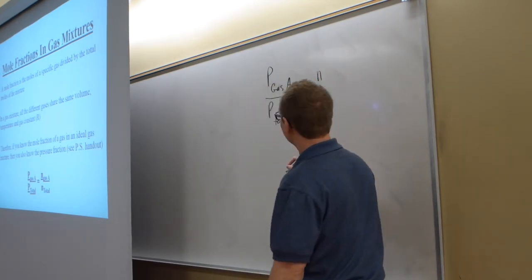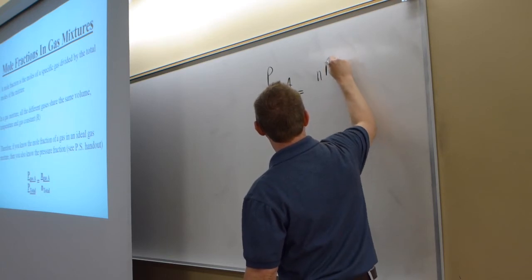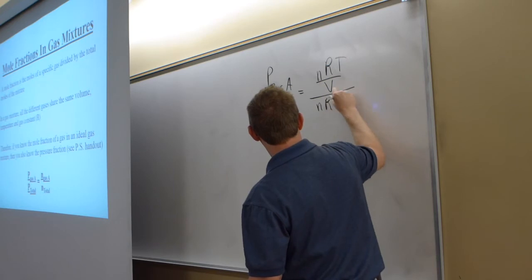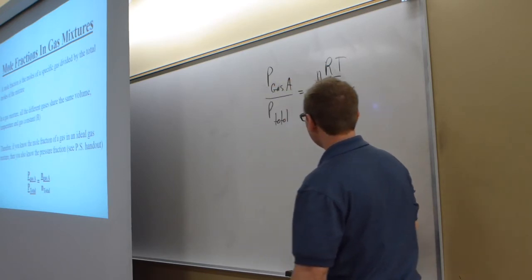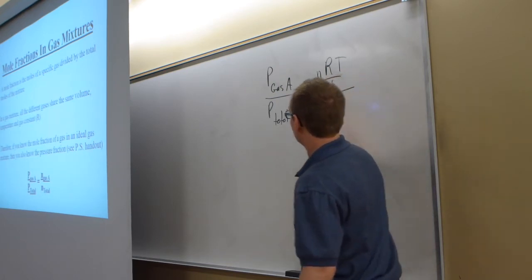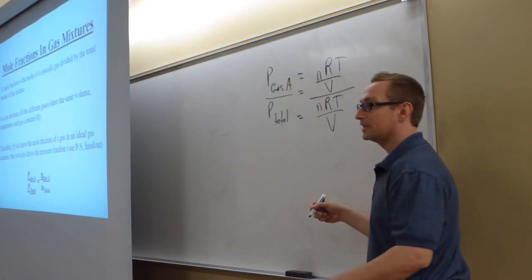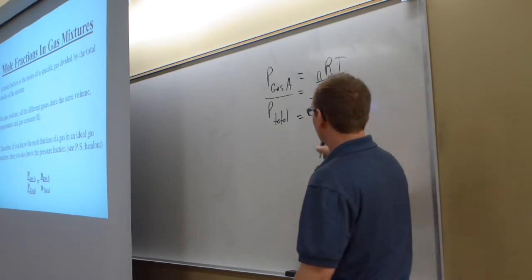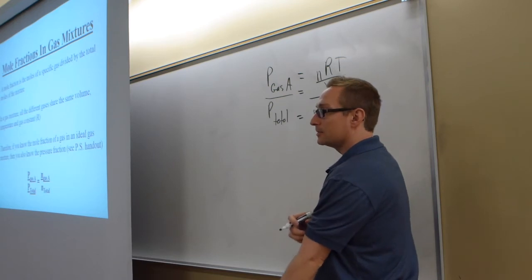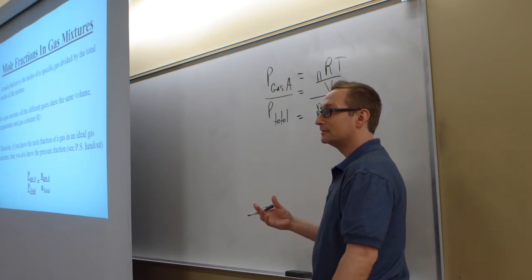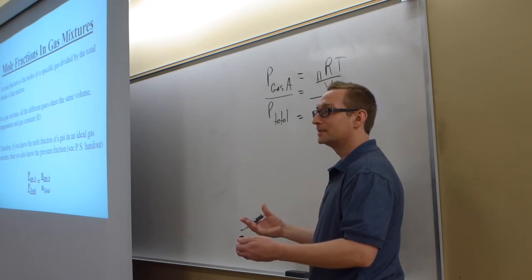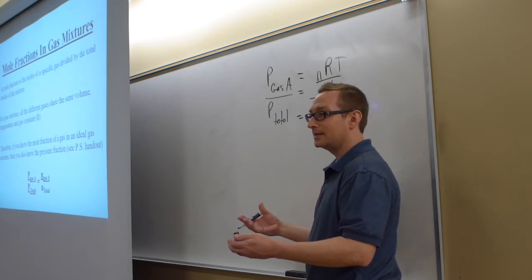We know that pressure is equal to nRT over V. Everyone all right with this? P is equal to nRT over V, from the ideal gas law. Is the volume that the total mixture occupies the same as the volume that the individual gas occupies? It's a gas mixture, they're in the same container, so do they occupy the same volume? Yes, right?